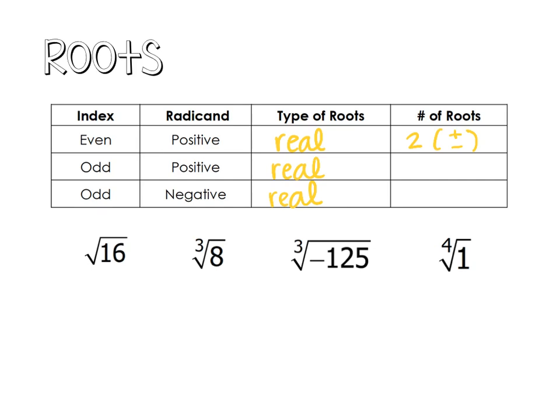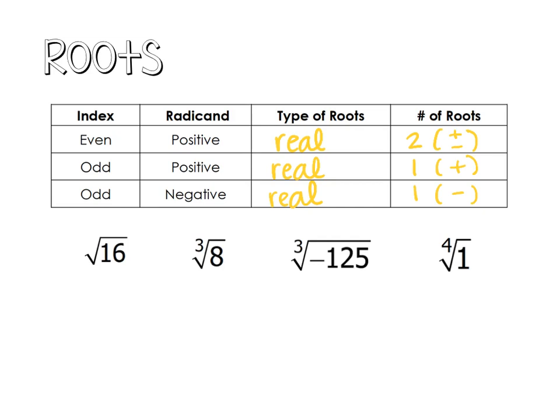If the index is odd and the radicand is positive, it's going to have 1 root and it's going to be positive. If the index is odd and the radicand is negative, it's going to have 1 root and that root is negative. And we're going to go over some examples really quickly.